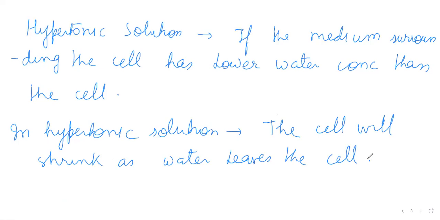That state of shrinking of the cell is called plasmolysis in plant cell, and it is called crenation in animal cell. I am writing that also, that is very important.